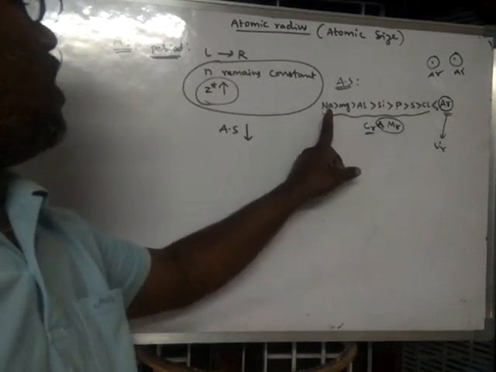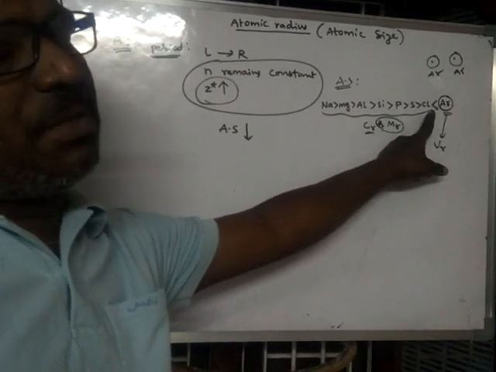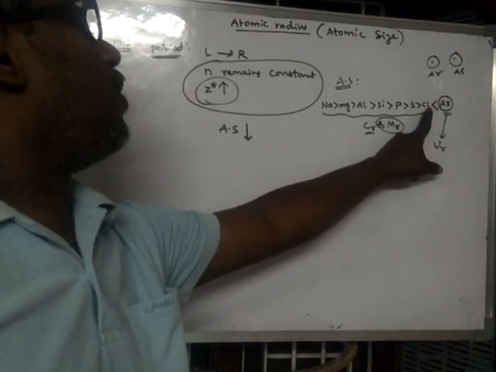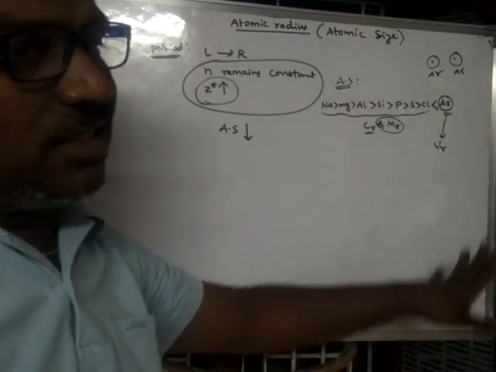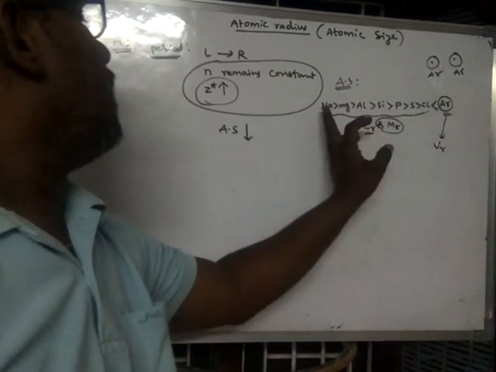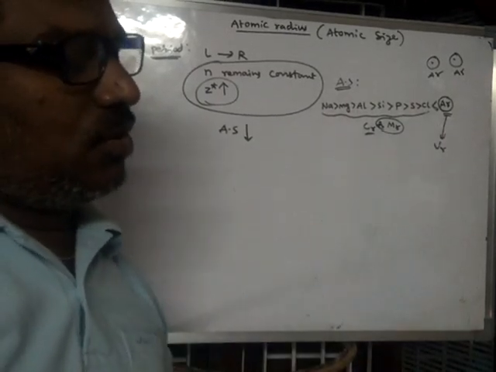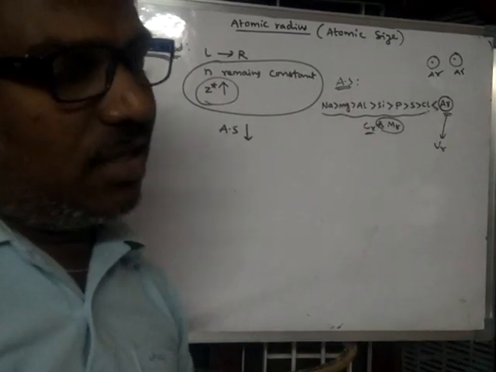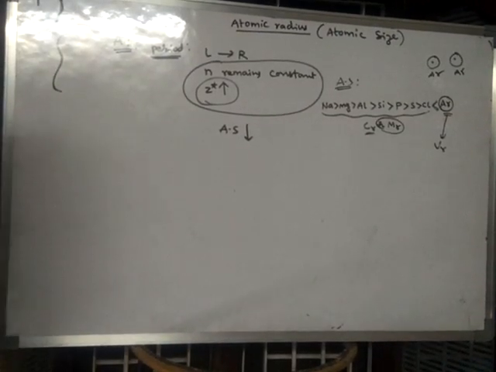As we move from sodium to chlorine, size decreases gradually, chlorine becomes the smallest atom, and from chlorine to argon the size jumps, and argon will be the largest atom in the third period.